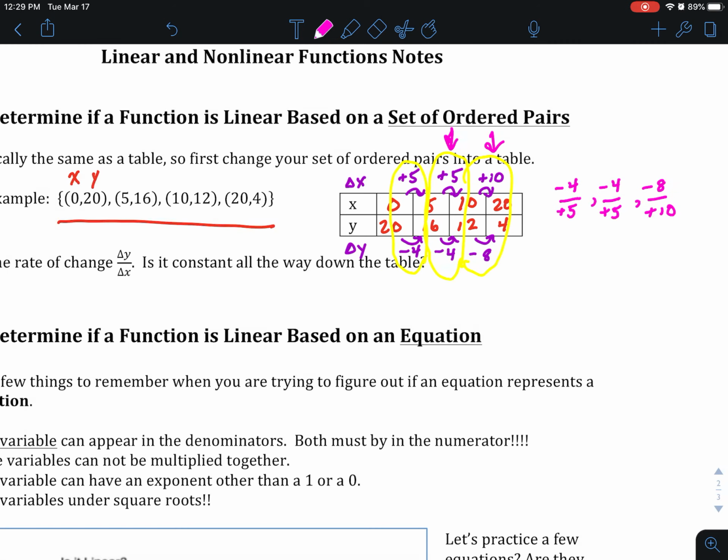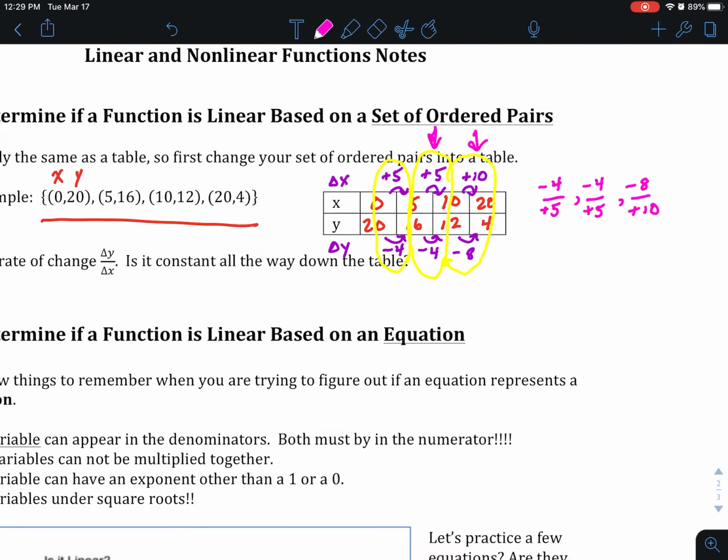Our job is to figure out whether or not these three fractions are all equivalent. And I gave you a hint last time. If you weren't good with fractions, you can always use a calculator and do the top divided by the bottom. And if it turns out they're all the same decimal, then we know that they're equivalent fractions. And if you did that, or if you just compared the fractions here, you would realize that, yes, all three of these fractions are equivalent.